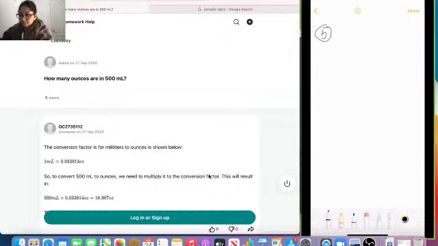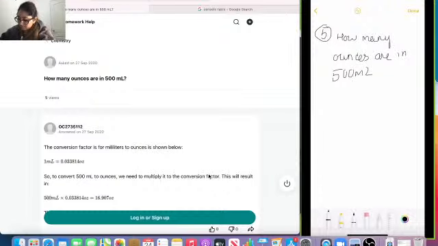Okay, 5. How many ounces are in 500 ml? So basically, we're trying to convert how many ounces are in 500 milliliters.